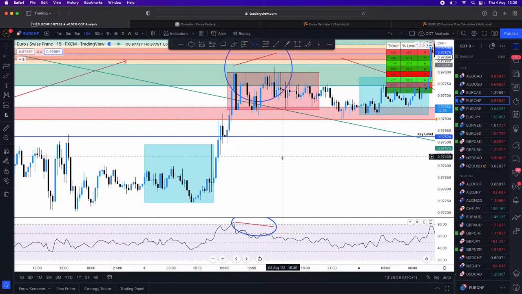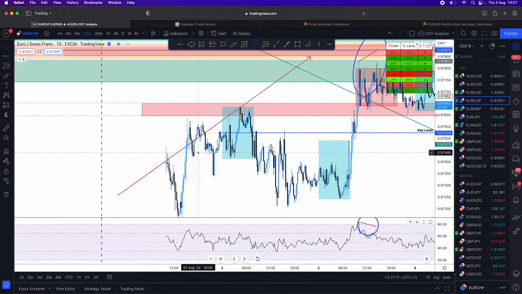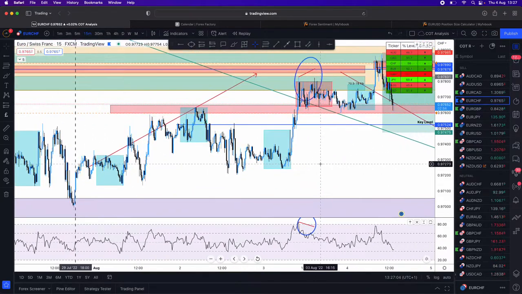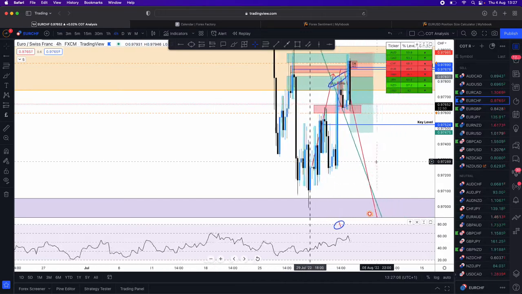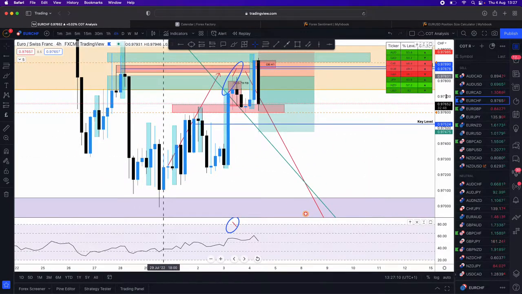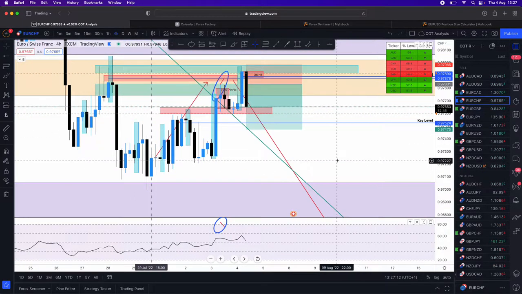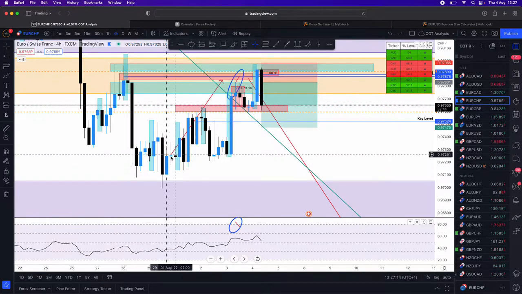So I was talking about Euro CHF. I had this one marked up from Sunday from the COT, and these red arrows, I'm really sorry my chart's a bit messy, but this is the only way I can teach it. The red arrows on Sunday said this is what I was expecting: a push up into this level and then a drop off from here.